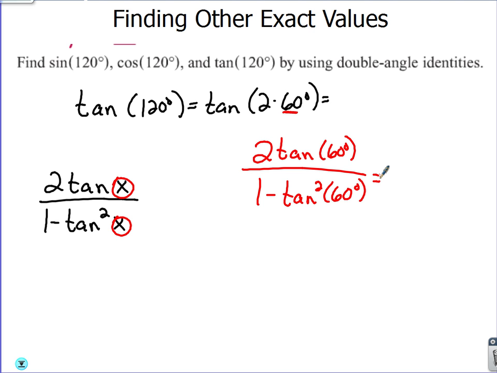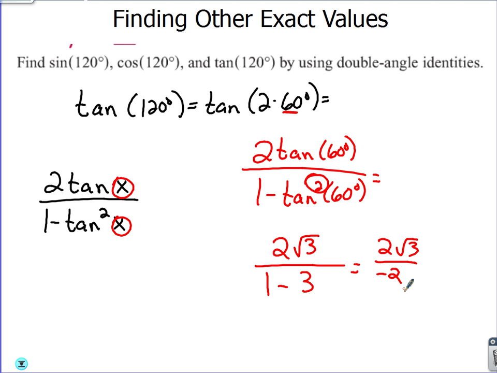Good. So we have 2 times root 3, or just 2 root 3, over 1 minus, the tangent of 60 is root 3, but we've got to square it, which would be just 3. You've got 2 root 3 over negative 2, right? The 2's cancel and leave you with negative root 3.